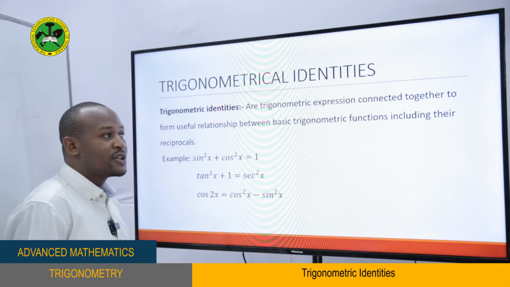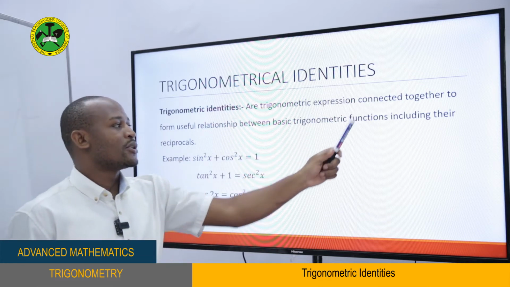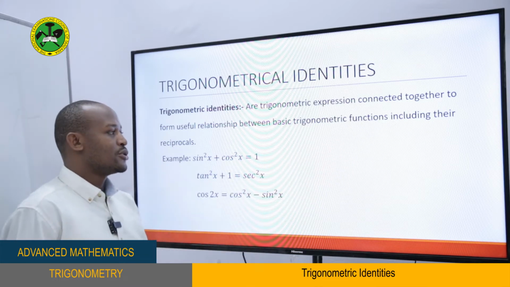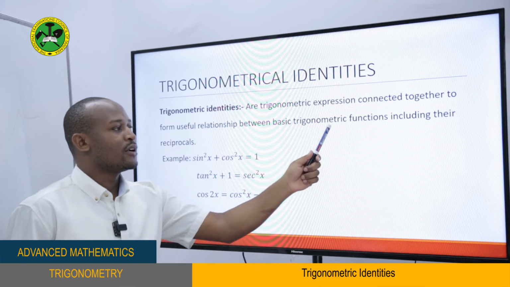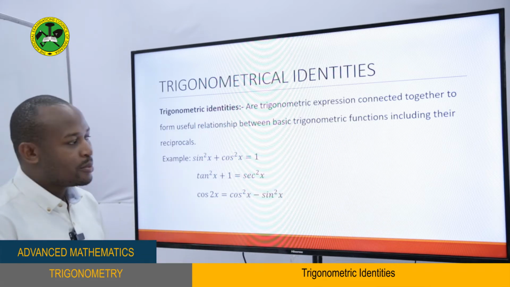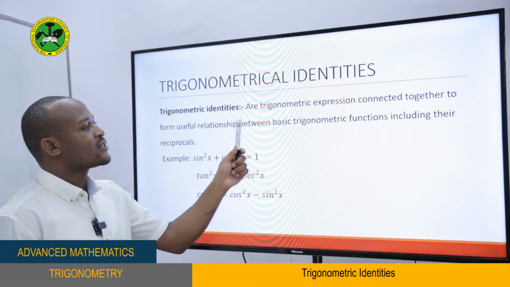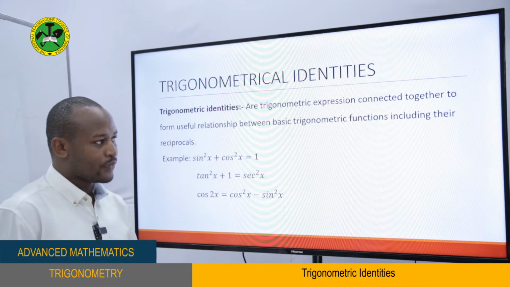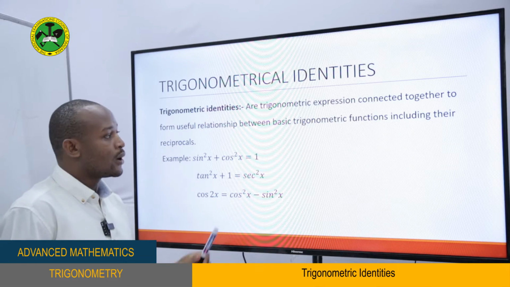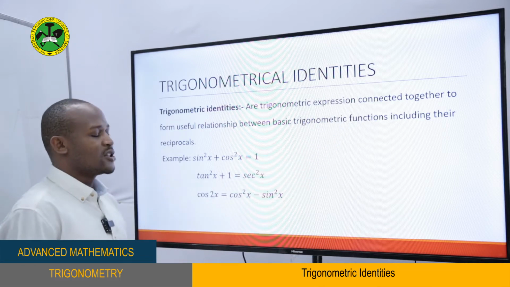Now, what are trigonometrical identities? Trigonometrical identities are trigonometrical expressions connected together to form a useful relationship between basic trigonometric functions, including their reciprocals.